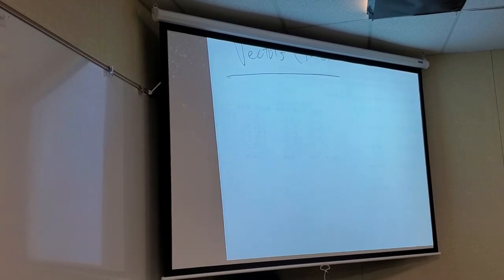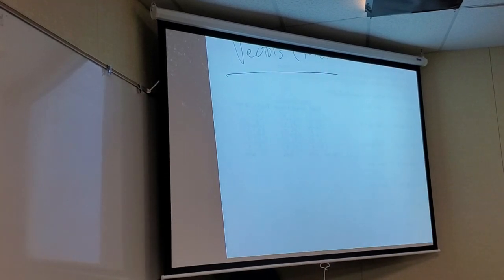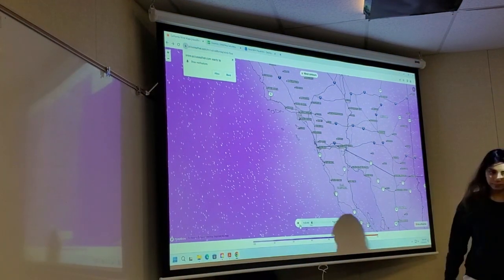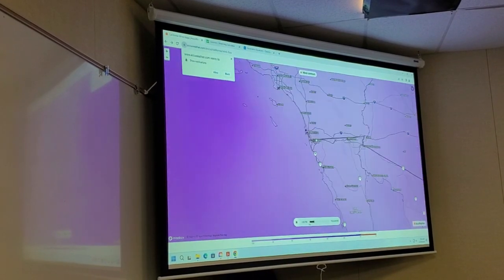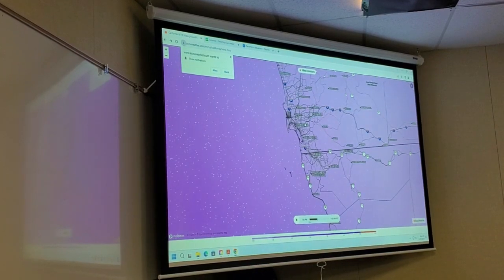Watch, let me show you this. This is kind of cool. This is a wind map that is currently not moving. There we go. Oh, it is moving. I just got to zoom in. Any of you ever seen this before?